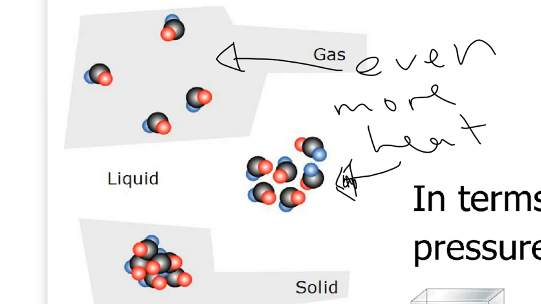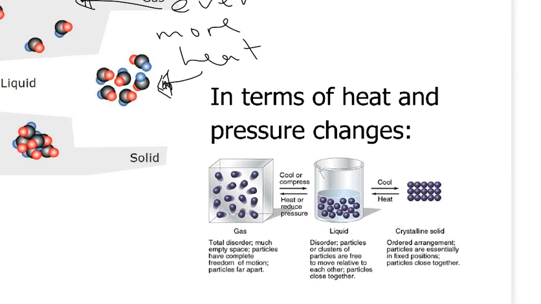All right, so if you get even more heat, then that's going to be enough to break all of the attractive forces, essentially. And there's enough kinetic energy in there, enough heat energy, thermal energy added to these particles, they're moving fast enough now that the attractive forces cannot hold them together anymore, and they spread out and fill up all of the space.